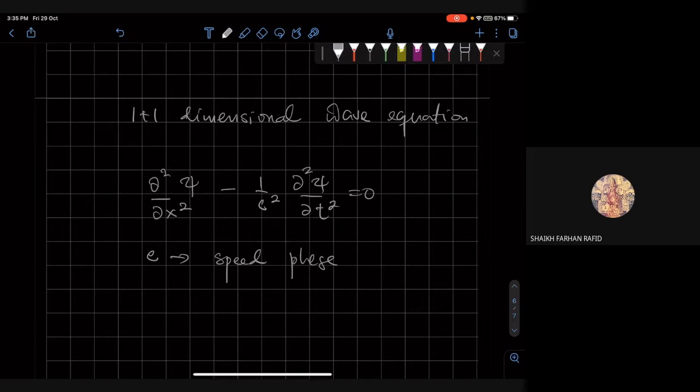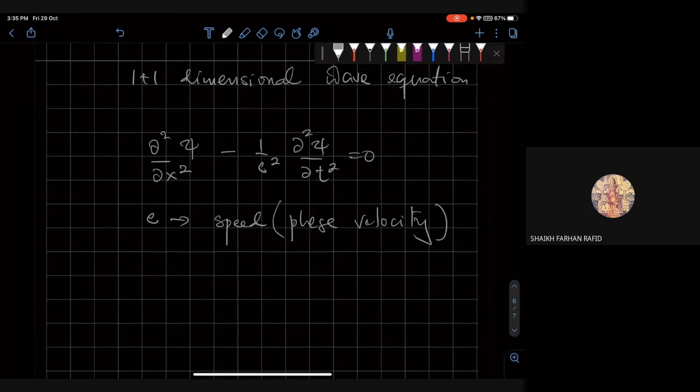Phase velocity is sometimes called, although it's a speed, of the wave. And why did we need a second order equation? Do you remember that? What was the advantage of the second order equation here?